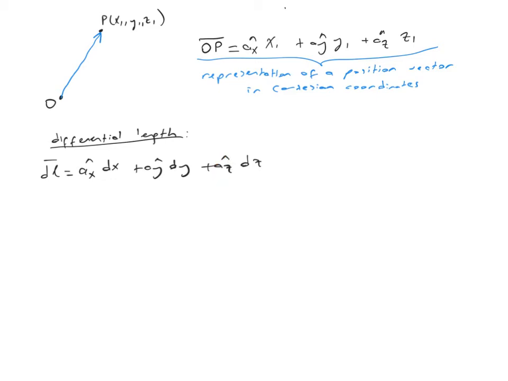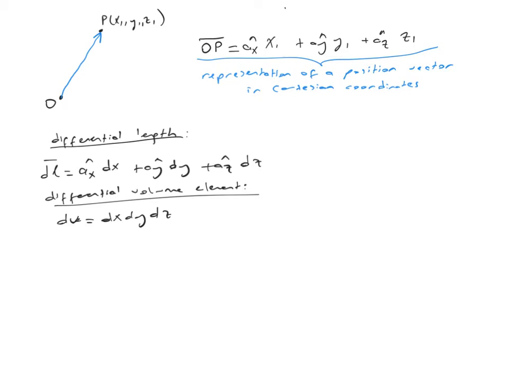Since we are talking about differential length, all three components have infinitesimal lengths, which are dx, dy and dz respectively. For differential volume element, since we are expecting to find a scalar, dV, which represents the differential volume element, is equal to dx times dy times dz. dx, dy and dz are infinitesimal lengths, and multiplication of three of them gives us the differential volume element.